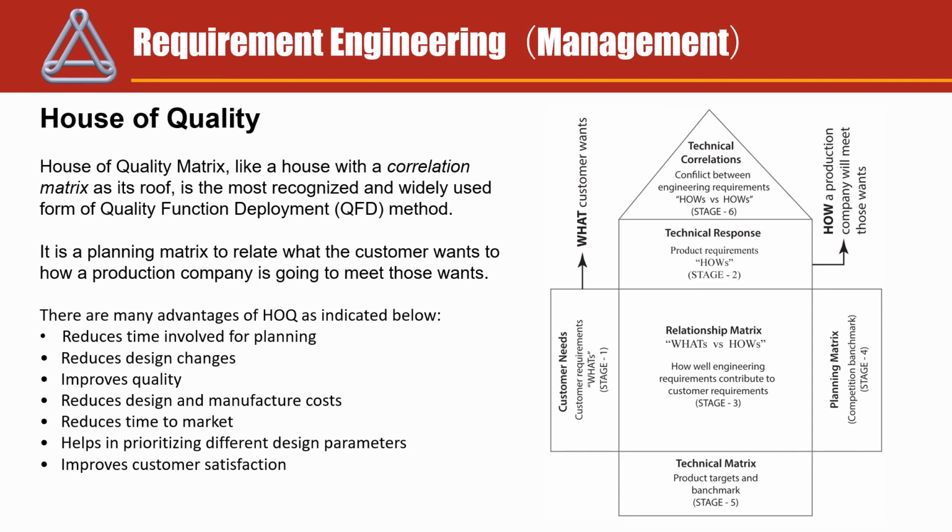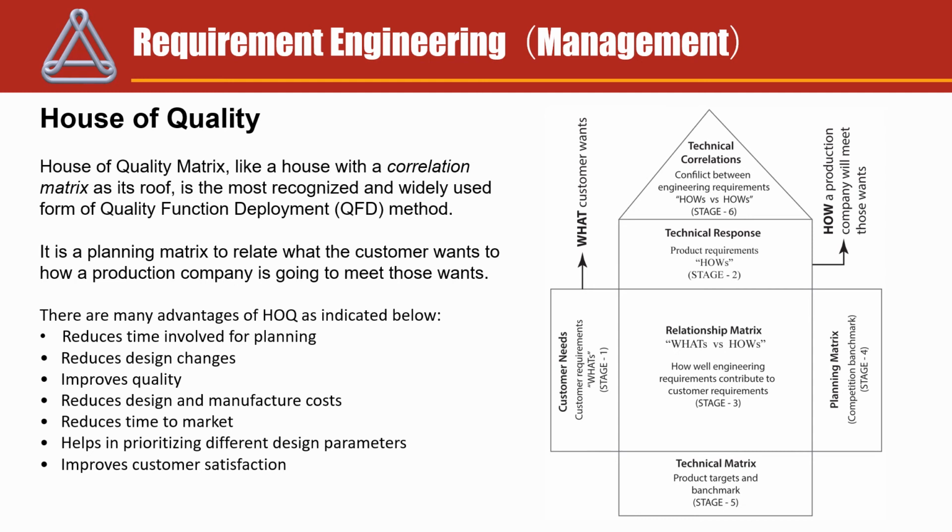But what's important is that you set up the customer needs. So the customer requirements, the what's for what your design needs to do, the technical response or the product requirements, so the how's. Let's say the customer wants the boat to go 20 knots, and then the how is you have an engine with so much power, so that's measured in watts, and that's the engineering technical response.